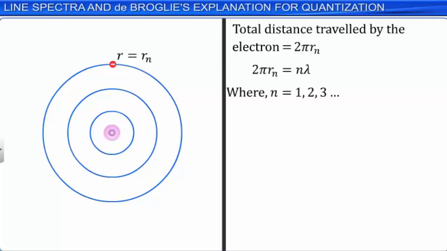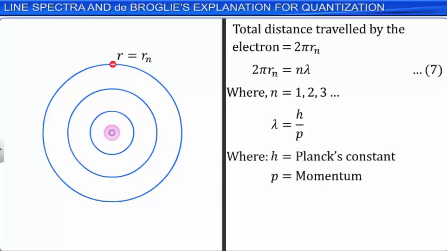We know that de Broglie's wavelength corresponding to the motion of a particle having a momentum p is given by λ is equal to h by p. Here, h is Planck's constant and p is its momentum. As momentum is the product of the mass m and the velocity v, we have λ is equal to h by mvn.